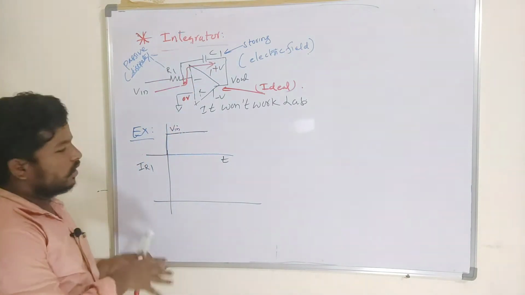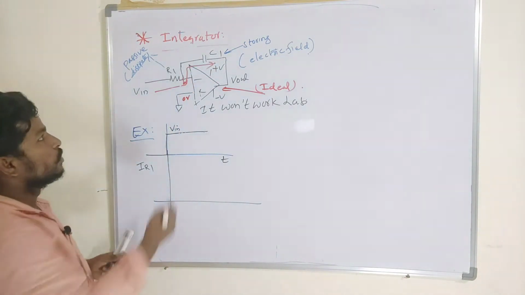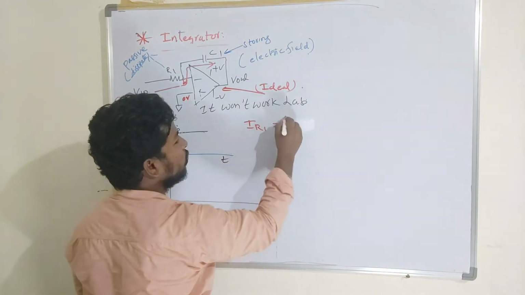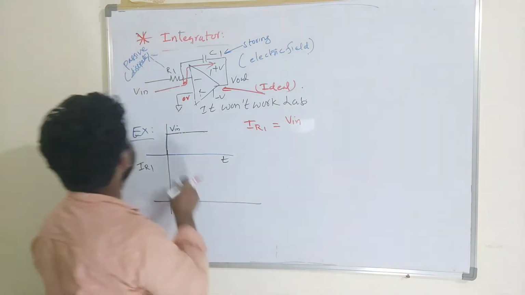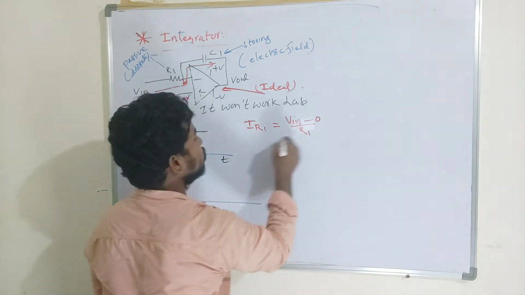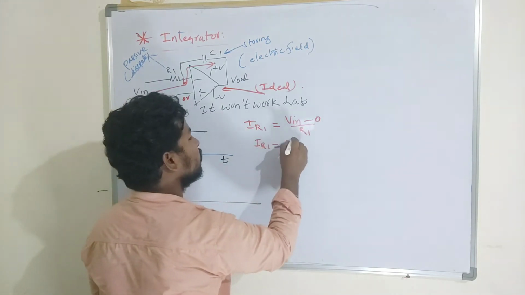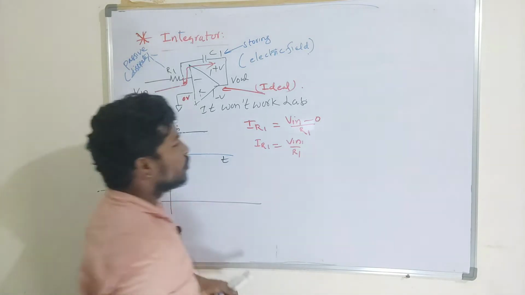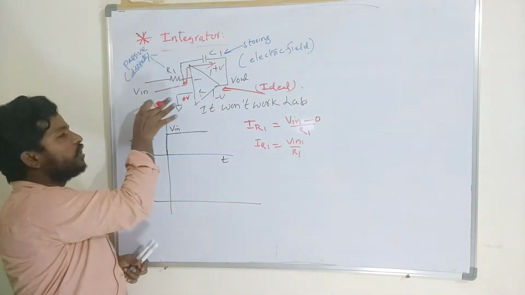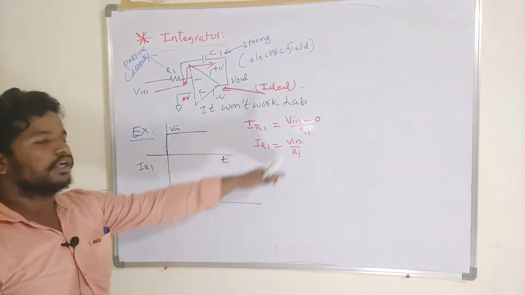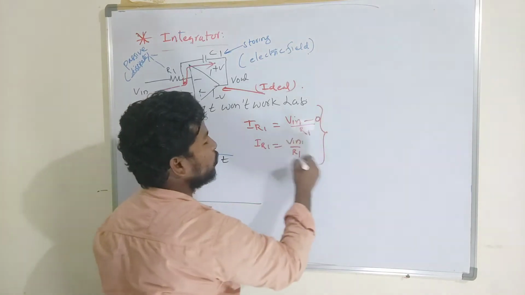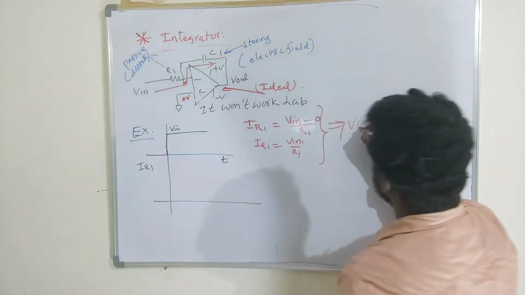To find the current IR1, I take the potential difference: V input minus 0, divided by R1, so IR1 is V input by R1. Whatever the input voltage is, it is converted into current, so the input section works as a voltage to current converter.